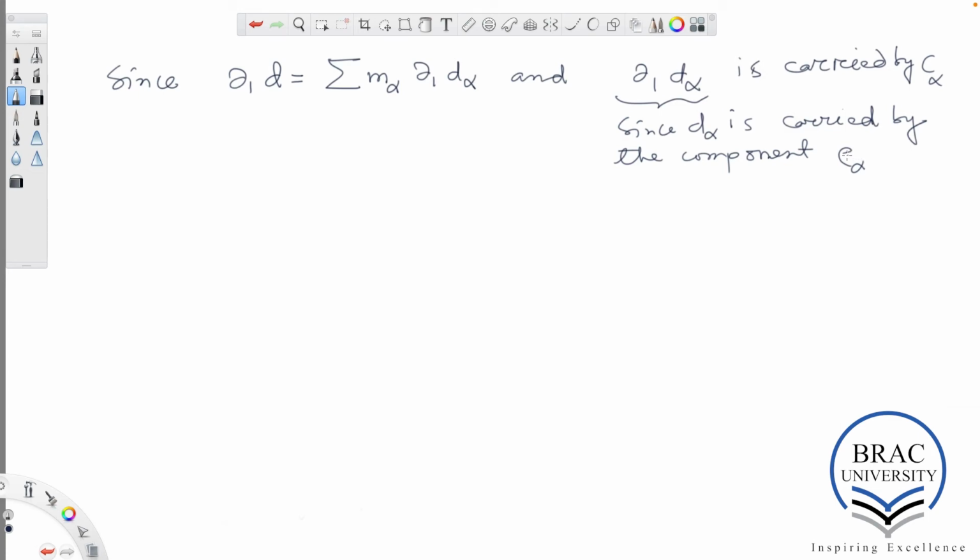The boundary operator acting on this d alpha is also carried by the same component, right?